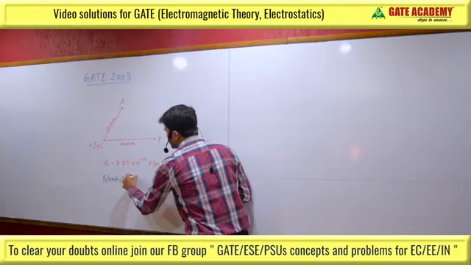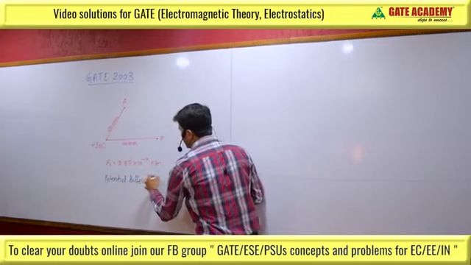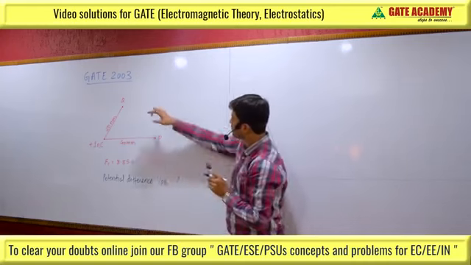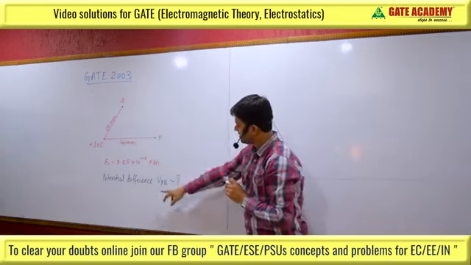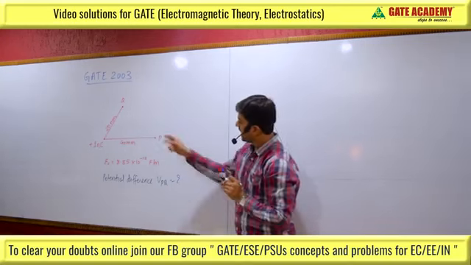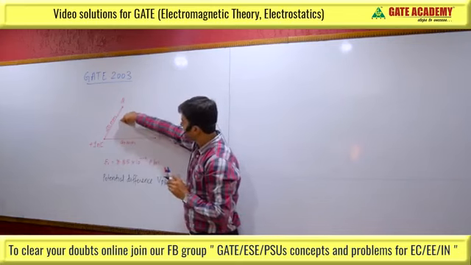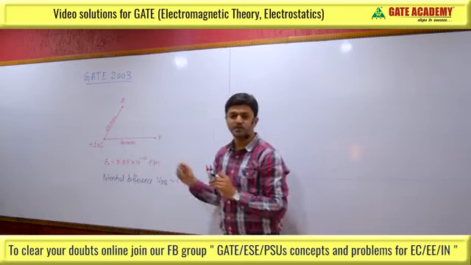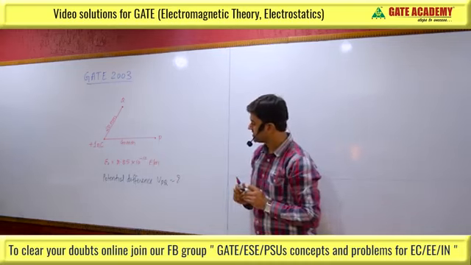Potential difference VPQ, and there are 2 points P and Q. The potential difference VPQ, and this point Q is 20 millimeter from the point charge and this point P is 40 millimeter from the point charge.